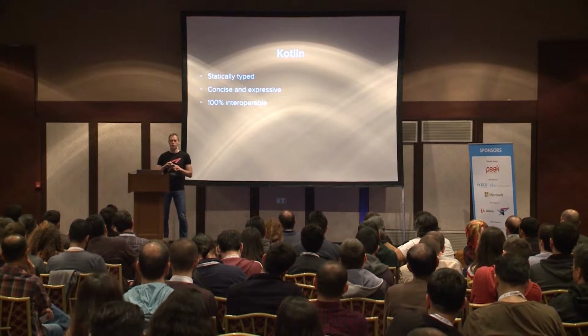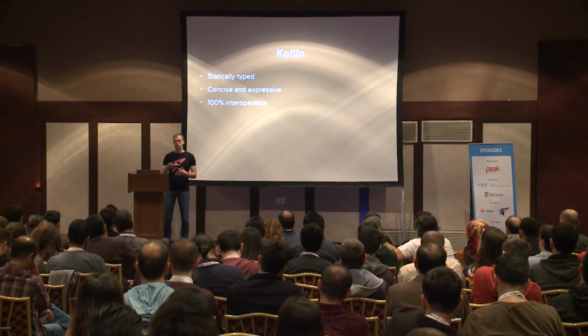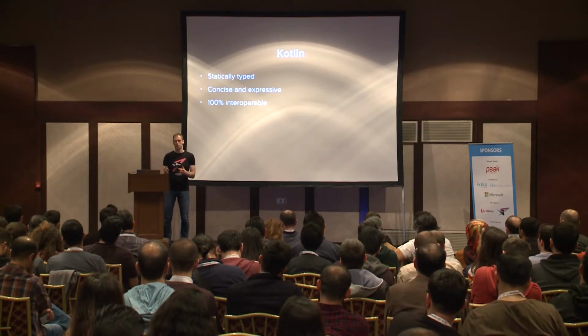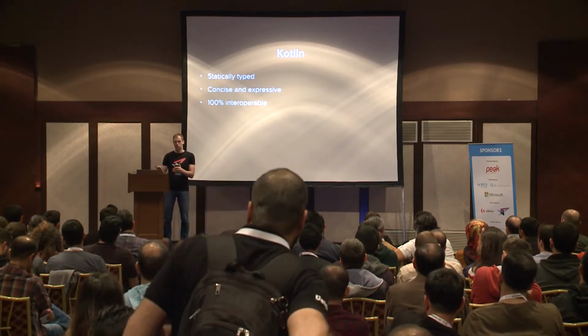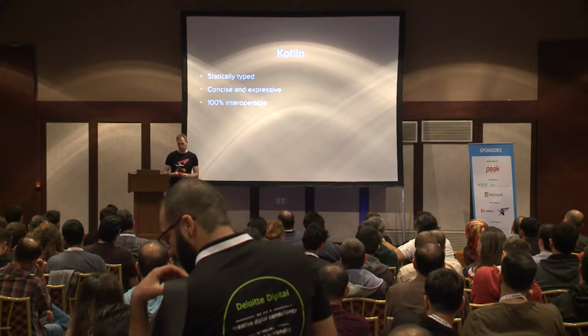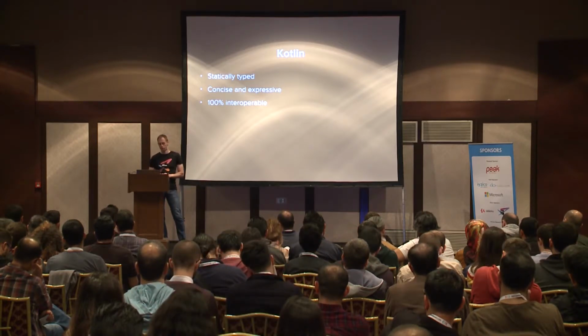So it's all transparent, and actually in simple cases, the bytecode generated by the Kotlin compiler is exactly the same bytecode you get from similar Java classes. So it introduces only a little overhead.